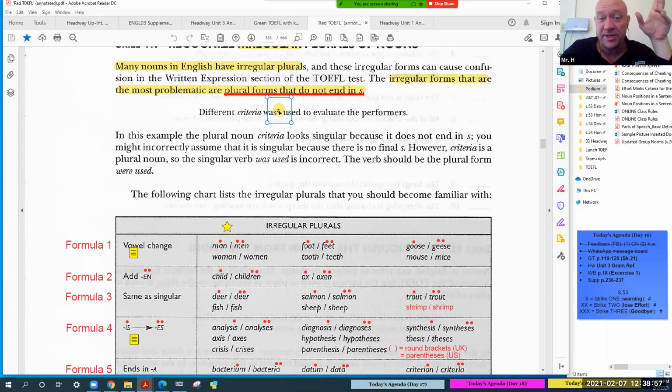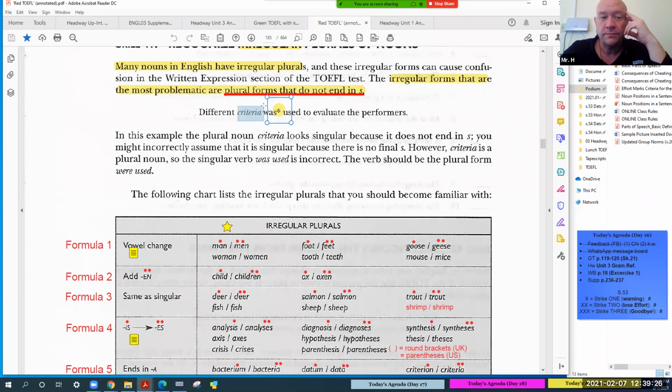It's called an asterisk. That means there's a problem. If you don't study the special cases, then you don't know the problem. So can anybody guess the problem here?